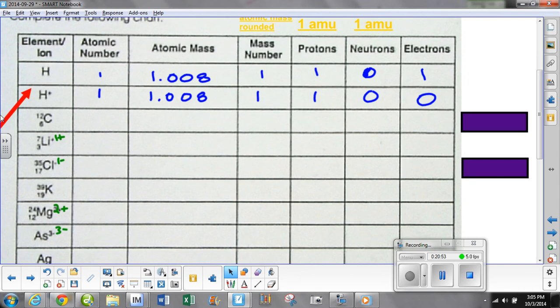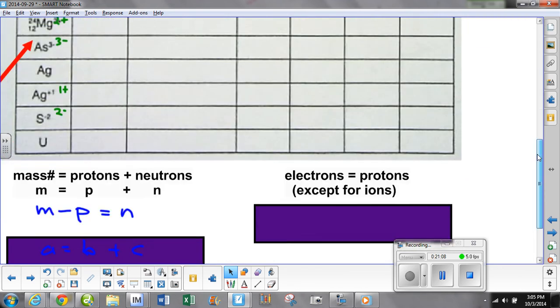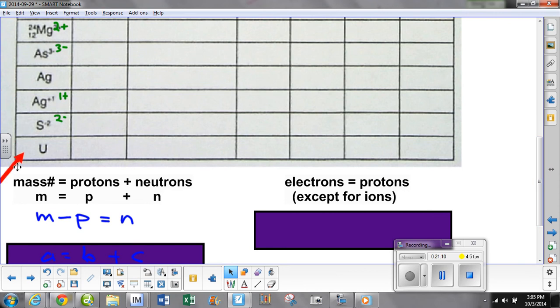Yeah. That'll be the same for both the atom and the ion. And down here they've got the numbers. Oh, would someone look up uranium? What's the bottom number for uranium?